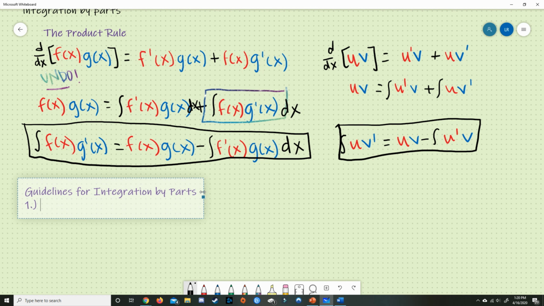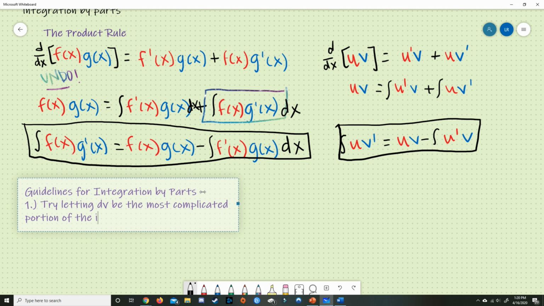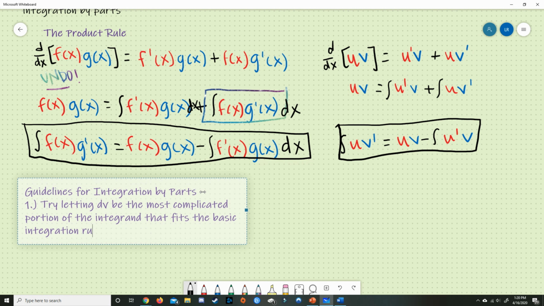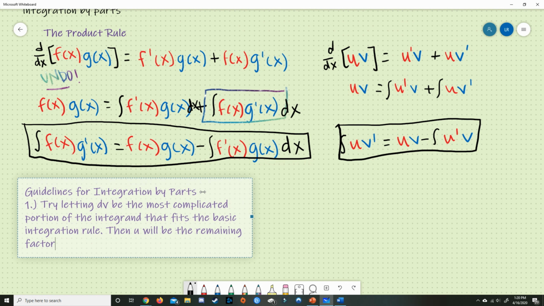First, try letting dv be the most complicated portion of the integrand that fits the basic integration rule. Then u will be the remaining factor.